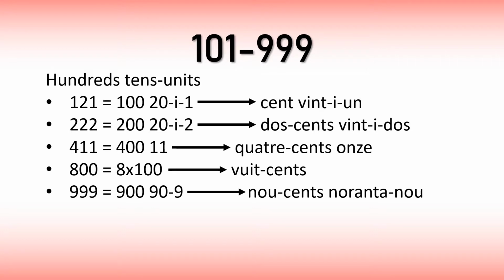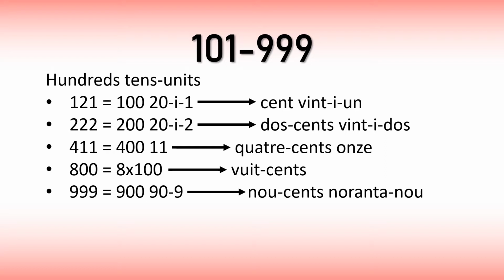So 100, like I said in Catalan, is cent, and then 21. 121. For 222, we have 2 hundreds, so it's dos-cents, and then 22. 222.